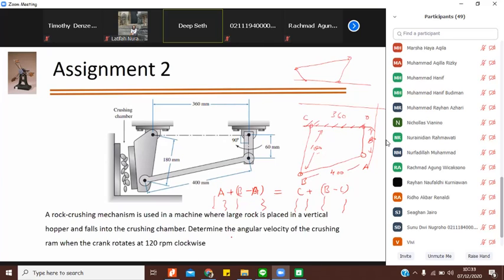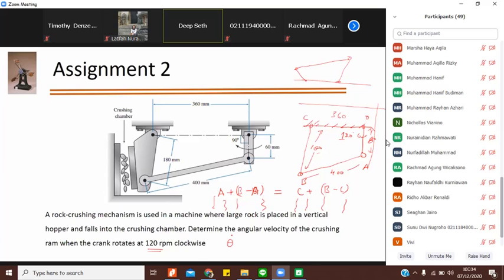After putting the vectors, you just have to differentiate it once, with respect to theta or your angle. You have already been given that the crank rotates at 120 RPM. So this angular velocity is actually already given because 120 RPM has been given.